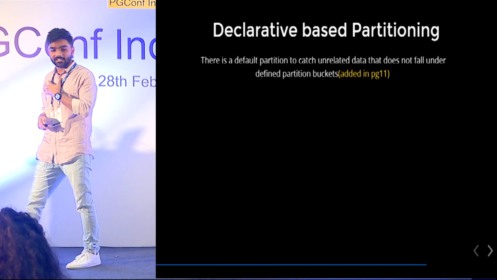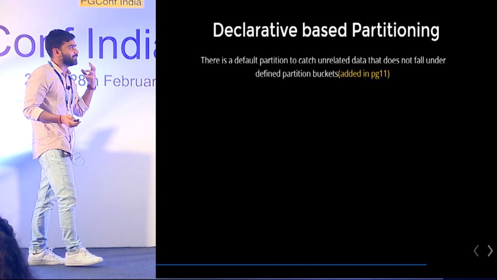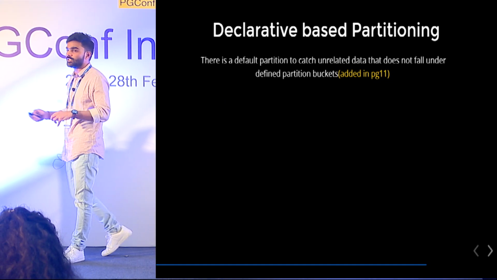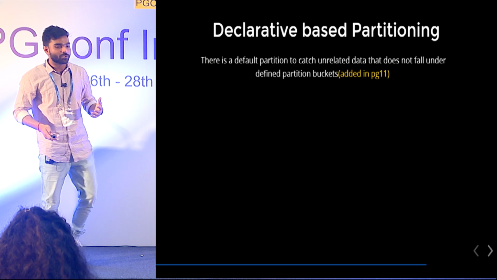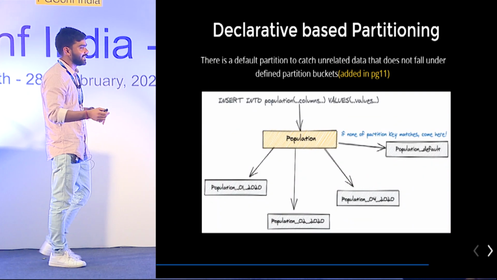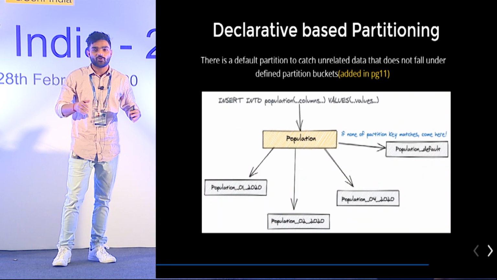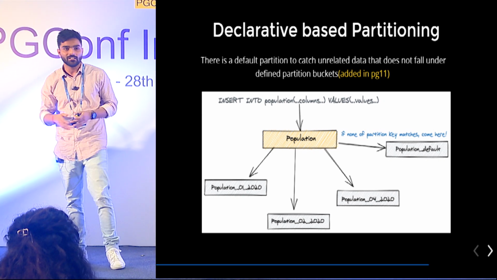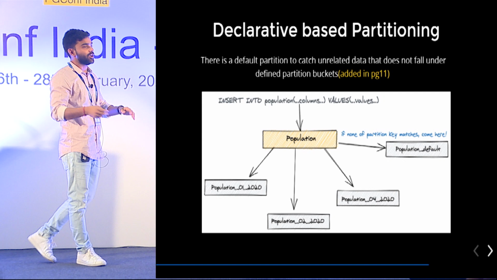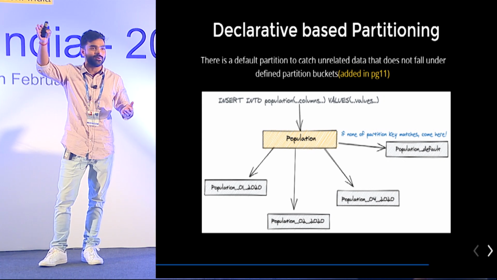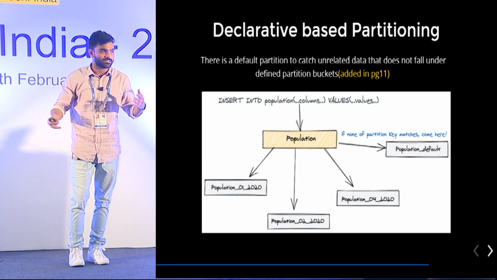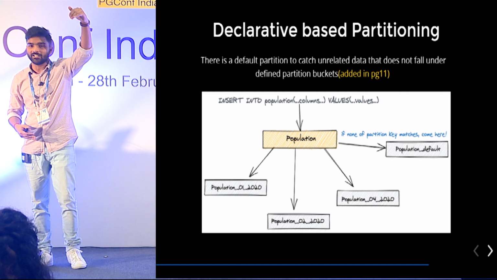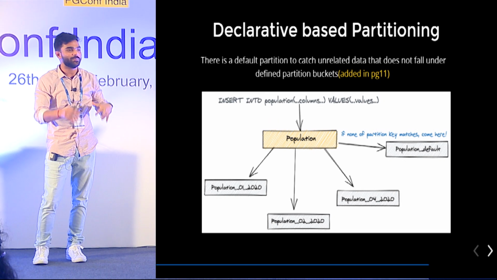Another is a provision called the default partition. Why is the default partition helpful? Because application code is ever changing. Suppose you have made partitions over the year, like January, February, March up to December, and you enter a new year. Now you have to manually remember that since you entered a new year, you need to create new partitions. If you don't create new partitions, inserts on the primary table will fail and your application will go down.